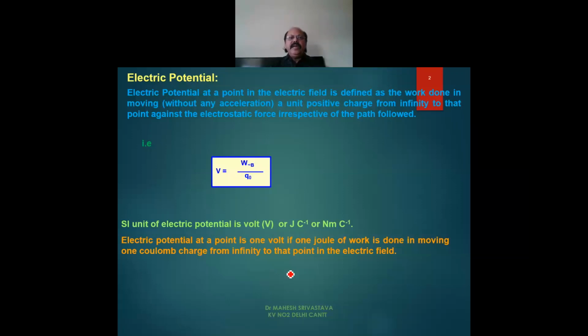How you can represent it mathematically? For that purpose, we say that a point in the electric field is B and you are bringing a unit positive test charge Q naught.